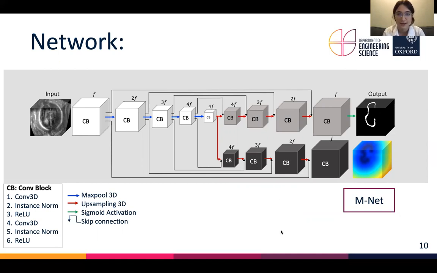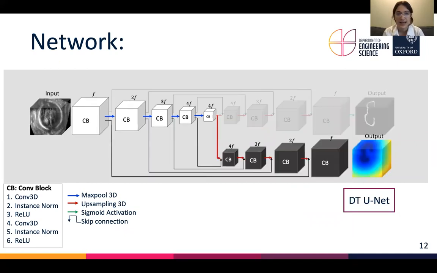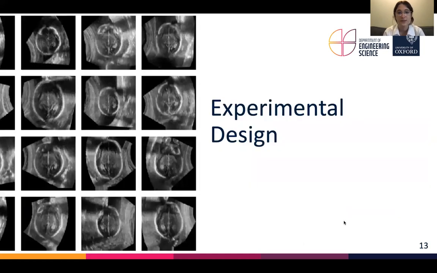So that's our MNet. Our UNet is just a single encoder-decoder producing the segmentation at the end. And our DT-UNet is again just the second decoder stream producing the distance map, which we can then threshold to get the cortex segmentation. I'm now going to briefly talk about our experimental design.